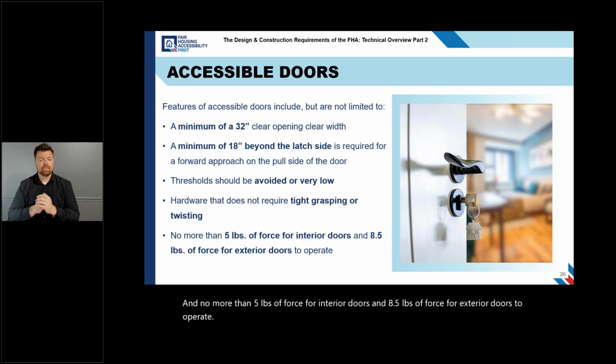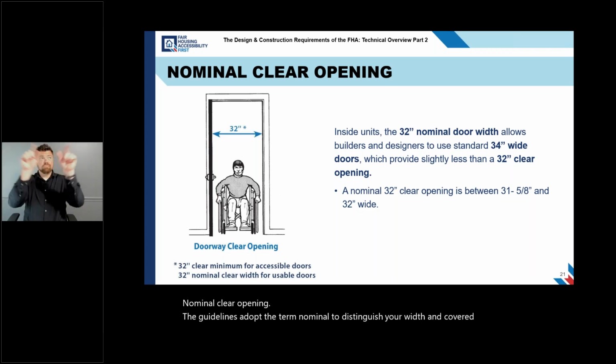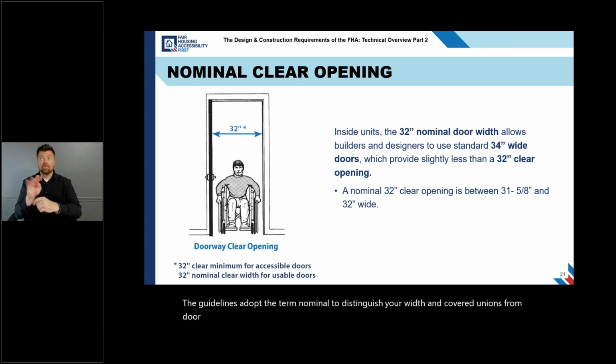Nominal clear opening. The guidelines adopt the term nominal to distinguish door width in covered units from door width in public areas that must provide an actual 32-inch clear opening.